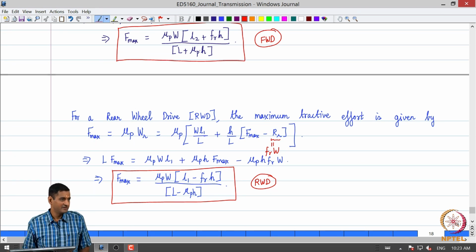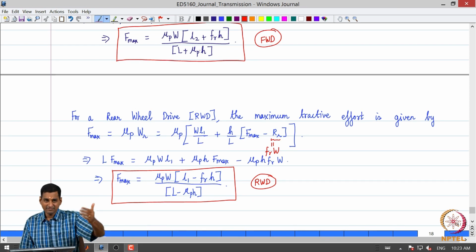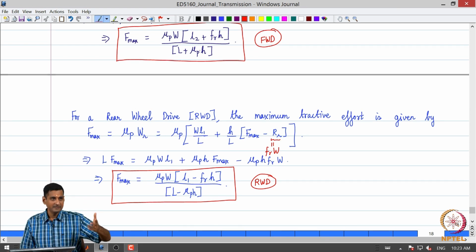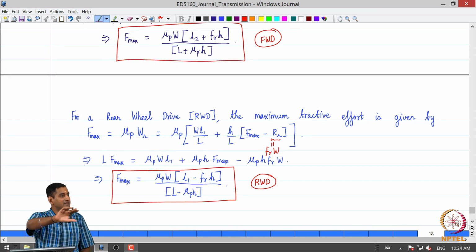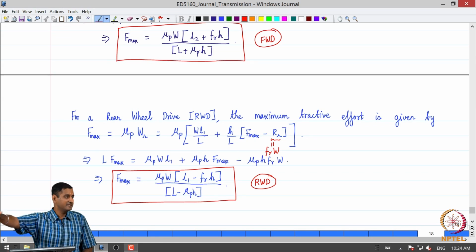Okay. On the other hand, let us say we take a bus or a truck or a lorry, right. What happens in a truck? Let us say we drive the rear wheels. In a typical truck, even though the engine is in the front, there is a propeller shaft which takes the output from the transmission all the way along the length of the vehicle and drives the rear wheels.